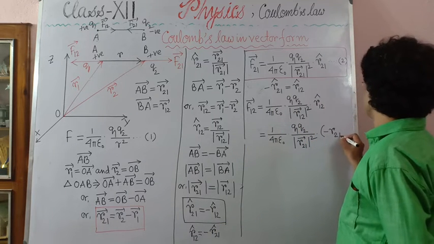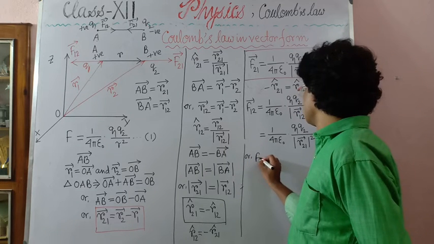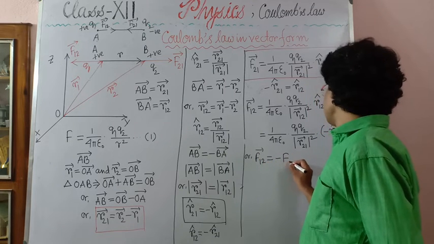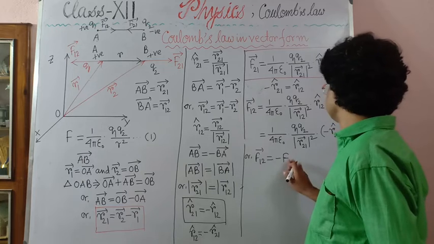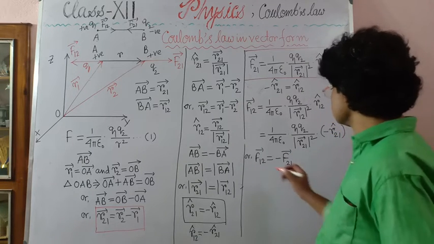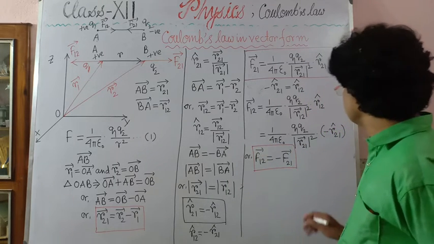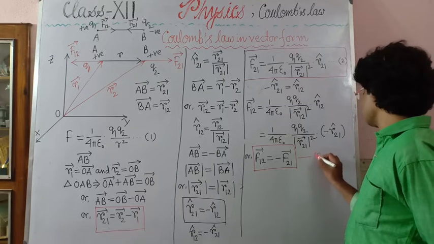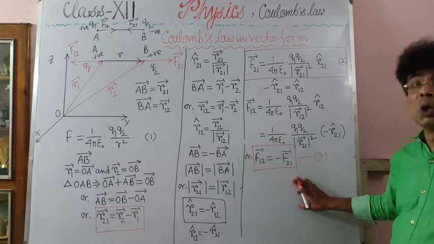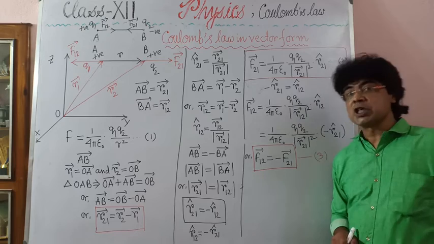So F12 vector equals minus F21 vector. So from this equation we can say Coulomb's law obeys Newton's third law of motion.